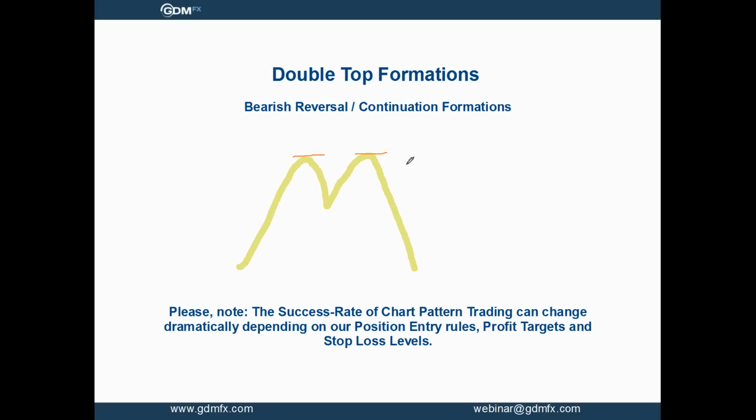And there are a few different ways in which a trader can exploit this specific chart pattern. Basically, what we need to identify when we see two peaks, two tops on our chart is, first, where are the two tops, and then the low between them, which is actually known as the neckline. So this level is known as the neckline, right here.